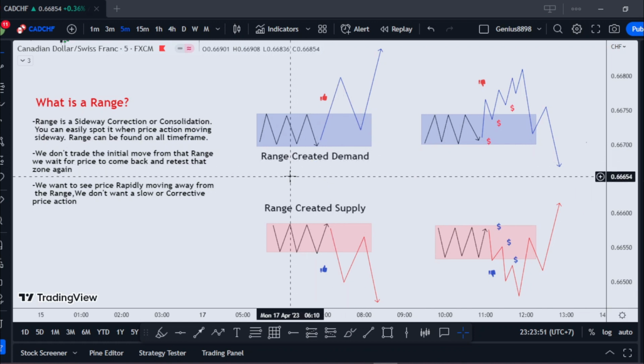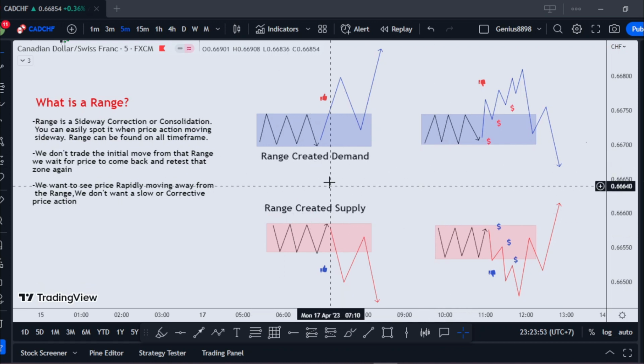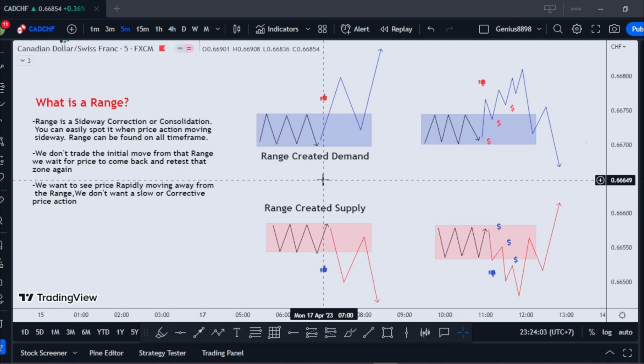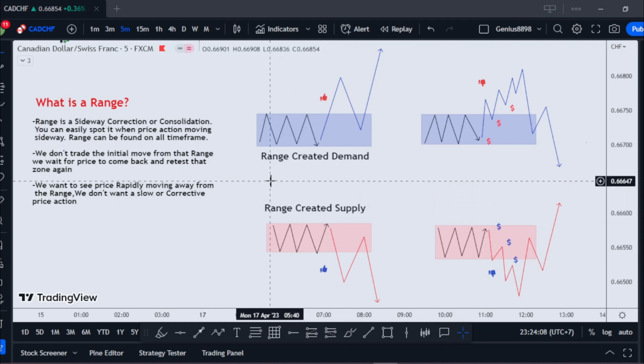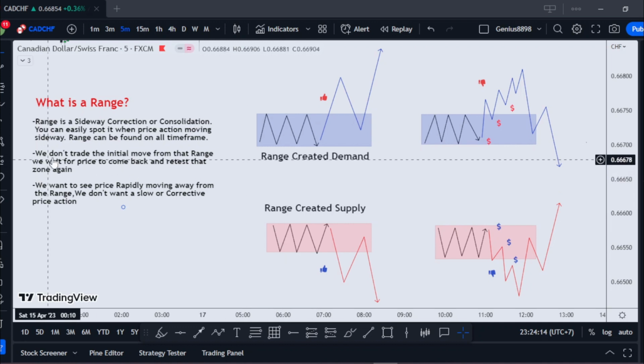My favorite ones are the 15-minute and 1-hour time frames. Those are the two I use all the time to find range for my setup or my trade.